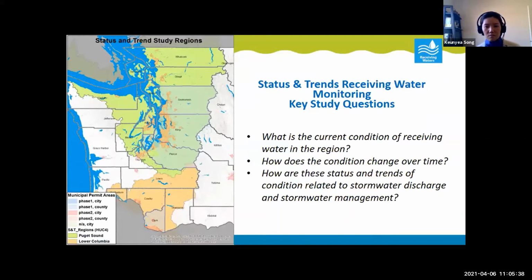The receiving water monitoring part covers two study regions, one in Puget Sound and another in the Lower Columbia region. In this talk, I'm only going to talk about the Puget Sound area, its study results and the design.